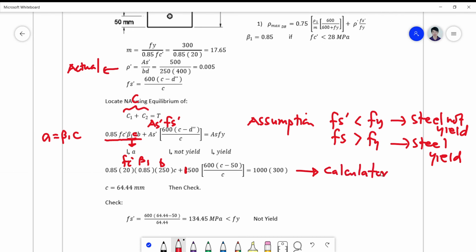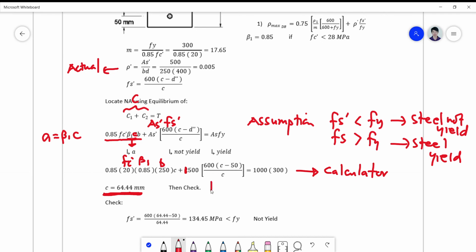A calculator can easily solve this problem. You can use your scientific calculator to check this directly, or if the calculator cannot do it, you have to solve a quadratic equation in c. Let's assume that this is now the value for c using a calculator. What are we going to check?